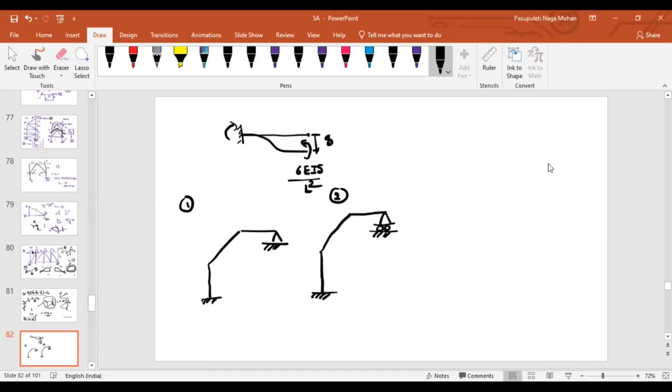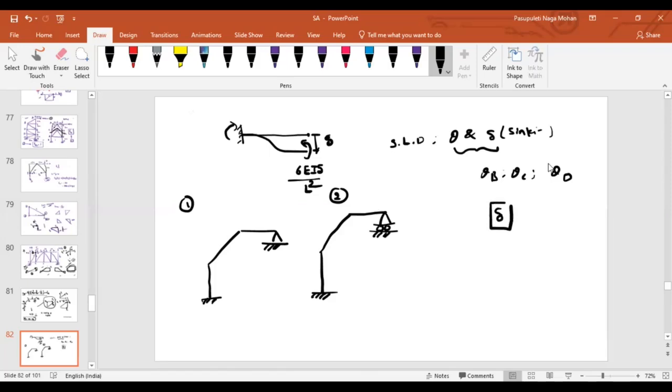Where is the difference? Even if I'm talking about the slope deflection method only, I'm interested in rotations and also in delta, that is the sinking of support. If I want to use the slope deflection method, I need to see the unknowns corresponding to these two. One is clear, crystal clear: theta B, theta C, theta D. Now we have to look at delta.